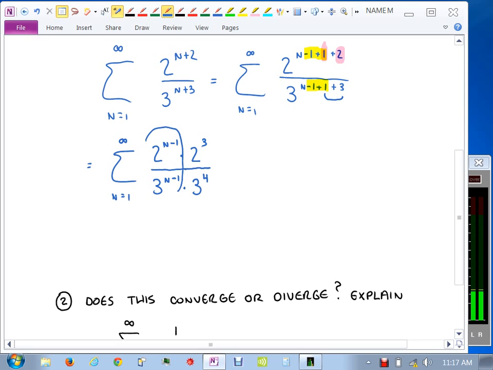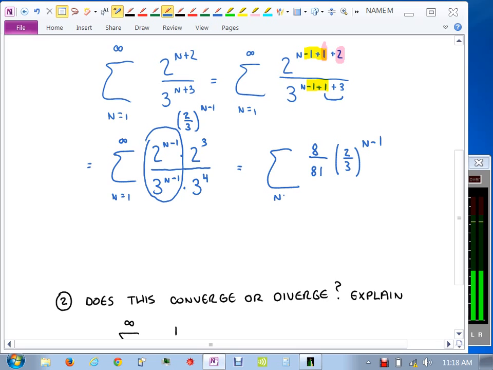This is the same as 2 over 3 to the n minus 1. So we're basically at this point. I have an 8 over, what's 3 to the 4th? 81? 8 over 81. And then I have my 2/3 to the n minus 1.